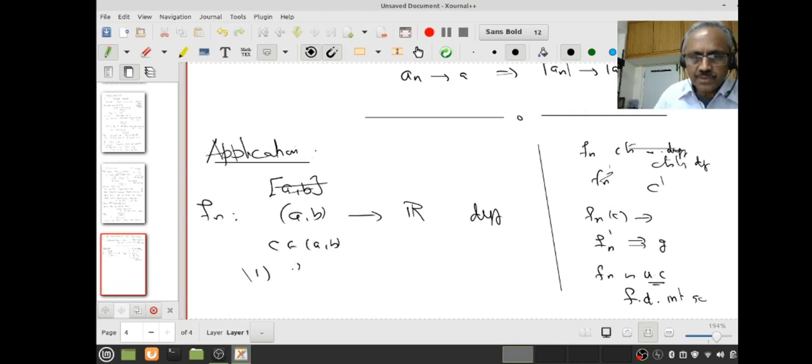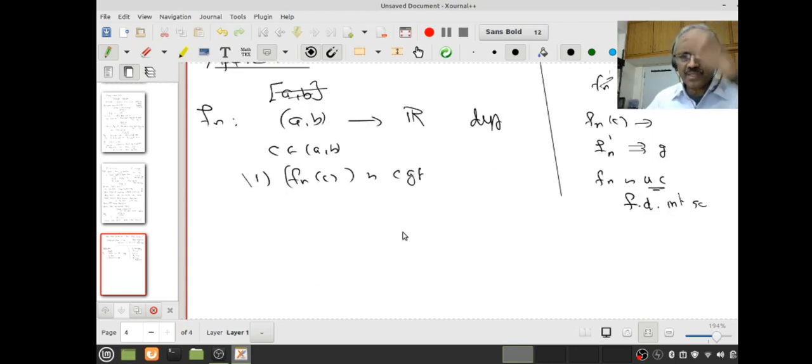What are the assumptions? f_n(c) is convergent, or Cauchy if you want. It converges to some number. I don't care what the number is. Call it lambda if you want. And f_n' converges uniformly to g on the interval (a, b).